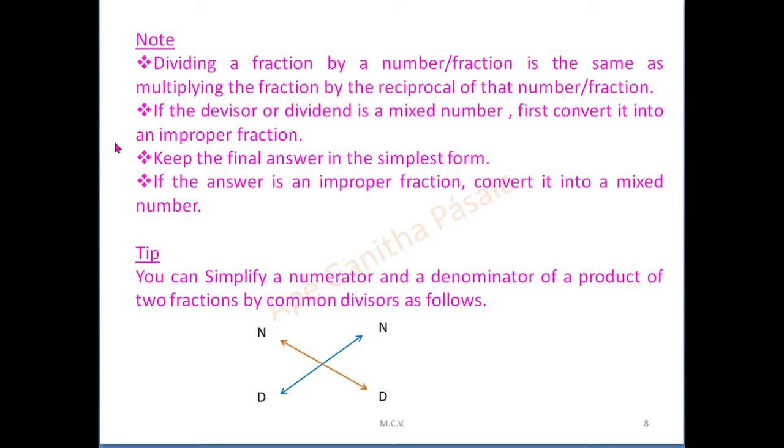Dividing a fraction by a number or fraction is the same as multiplying the fraction by the reciprocal of that number or fraction. If the divisor or dividend is a mixed number, first you have to convert the mixed number into an improper fraction.